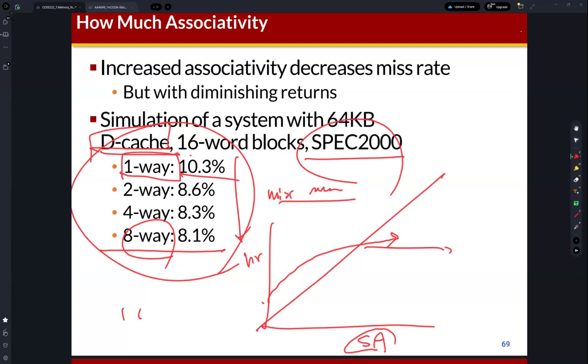Then we don't need to use a fully associative cache, because the hit rate is usually saturated. That's why we do not use fully associative cache in a CPU. If you read the CPU specification, you can find that Intel CPUs or AMD CPUs usually use an 8-way or 16-way set associative cache, right?